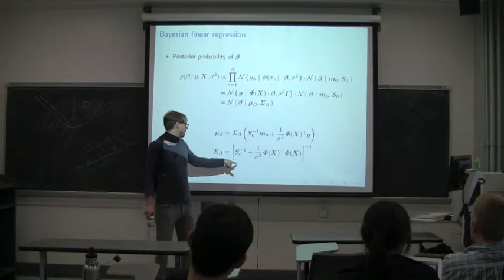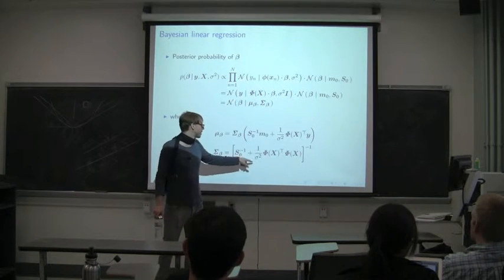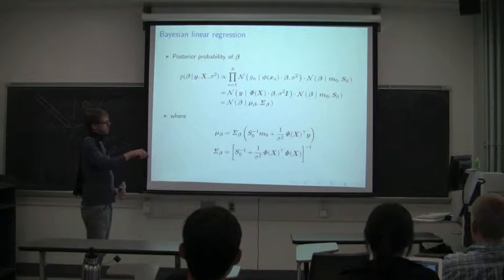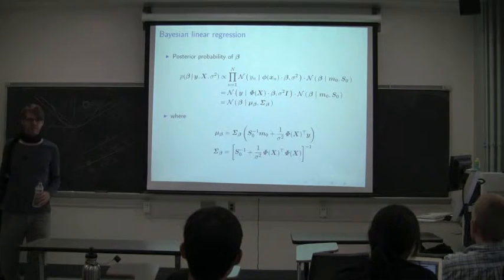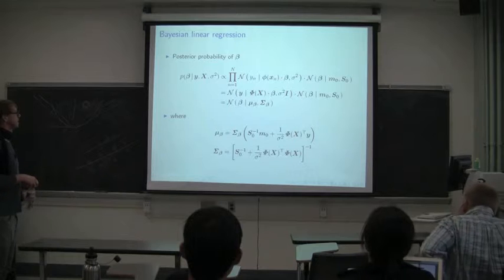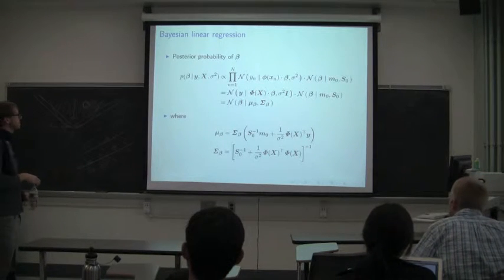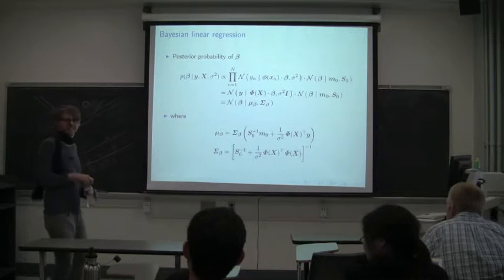The inverse posterior covariance is the sum of the inverse prior covariance and the inner product between our inputs. So this gives us again a closed form solution. You should actually derive that at home.